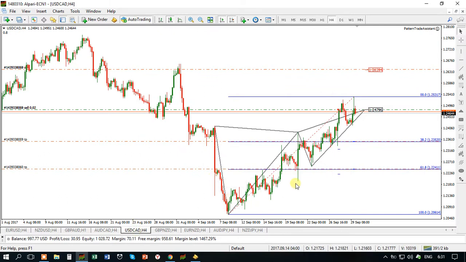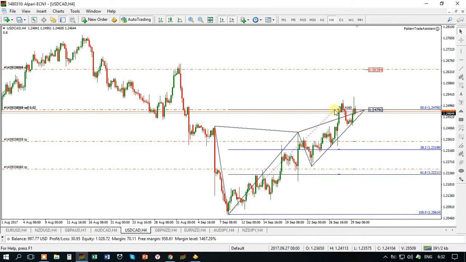Okay, the butterfly formation on dollar Canadian looks like a good double top at the end of the week. So potentially we still have good probabilities to move lower towards the targets. As you can see, initial targets were these.